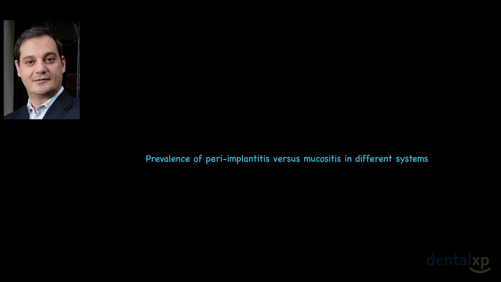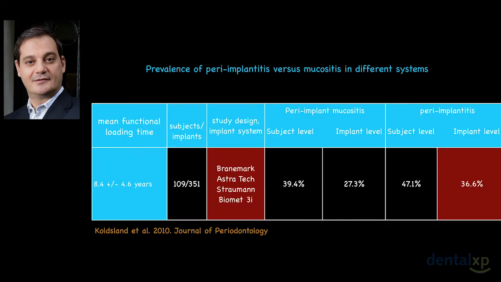Now, what is the prevalence of mucositis versus peri-implantitis? That's Goldsland in 2010, with an average of 8.4 years of follow-up of 351 patients with multiple systems, 4 of them. They found mucositis 27.3% of the time, and peri-implantitis 36.6%.